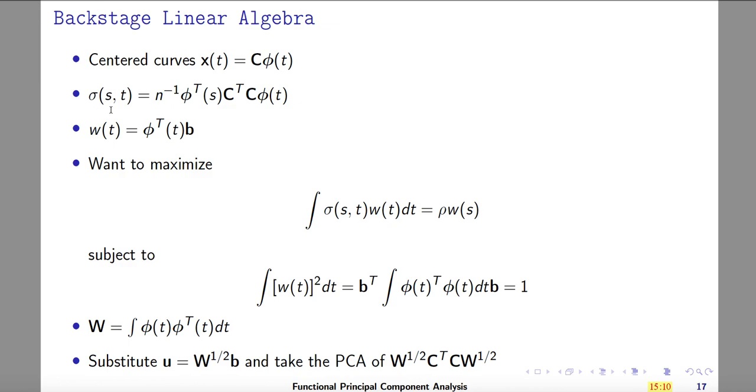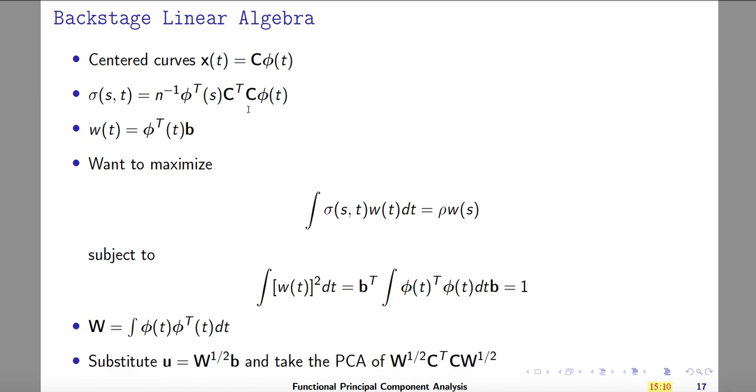If we have this representation, then the covariance function sigma s of t will be equal to 1 over n times x of s transpose times x of t. Because these curves are all centered, this can be written in this form. Basically, you replace x transpose times x by this basis expansion form.